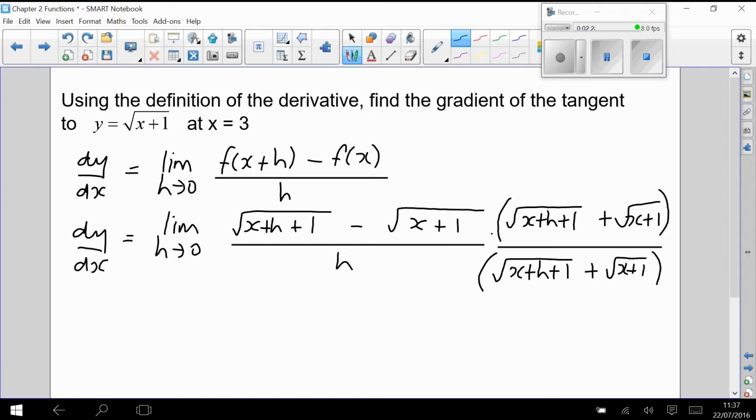Now the trick that I'm going to tell you over here is multiply out your numerator by multiplying out those two binomial brackets, but don't bother to multiply out your denominator, because your h factor is still the problematic factor, and if I can get rid of that on its own, I have managed to eliminate my problem.